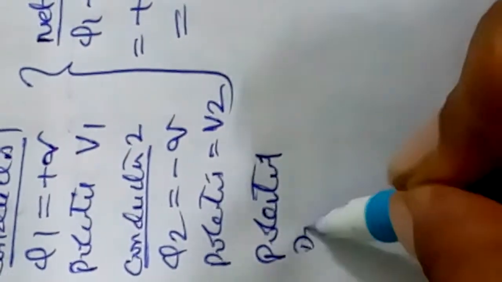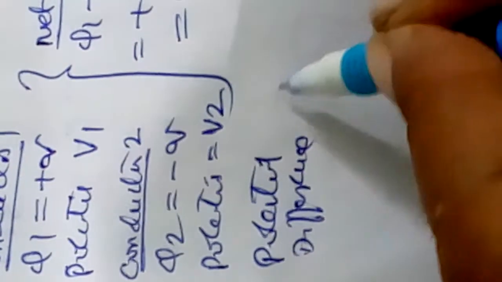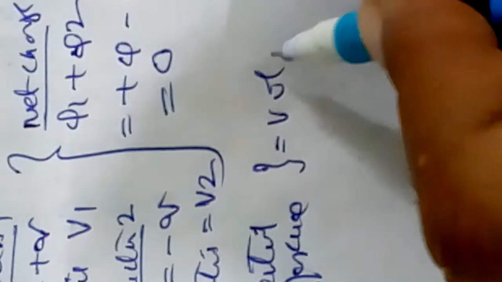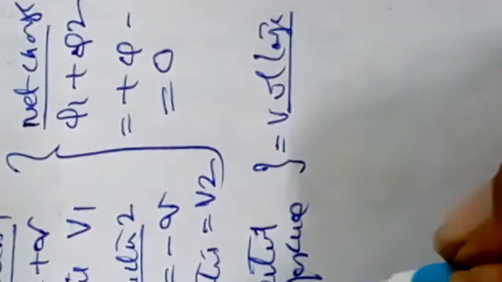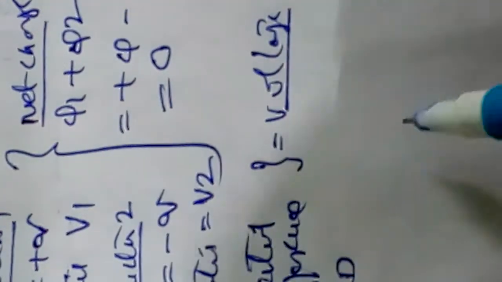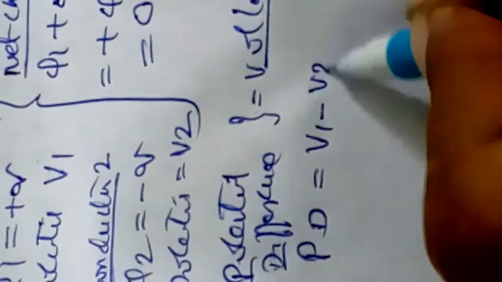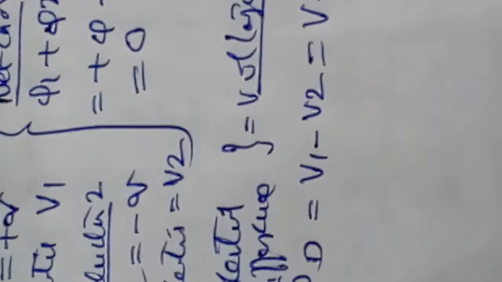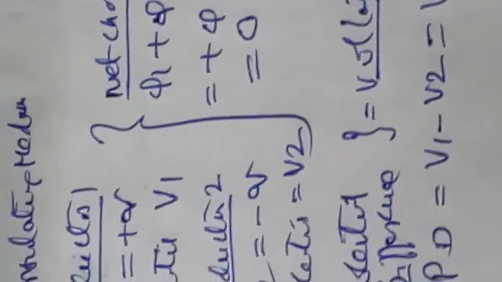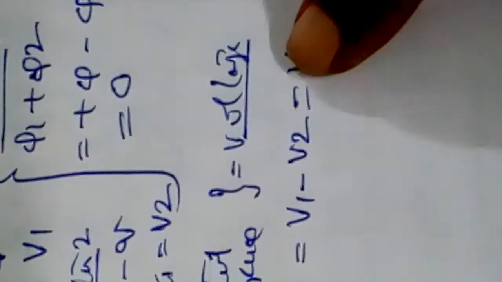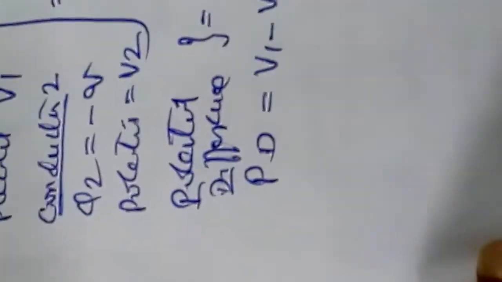But interestingly, if you take the potential difference, which we ultimately call voltage, that PD is V1 minus V2, the difference of V1 and V2. This is V. Remember that the potential difference is not 0. The net charge is 0.